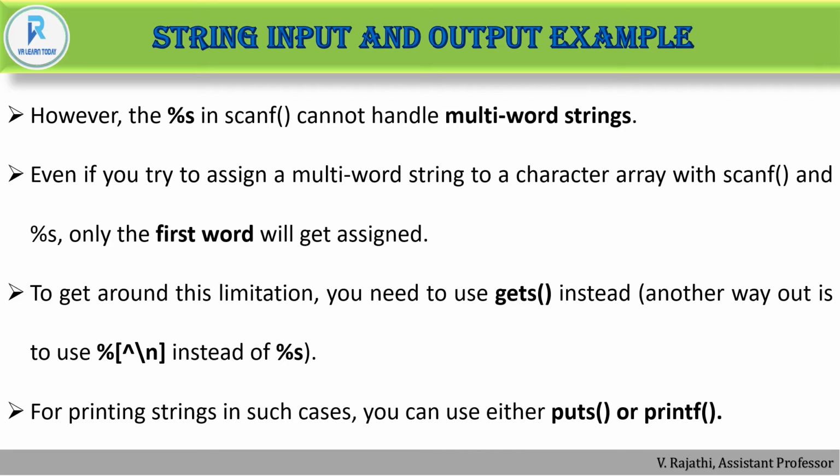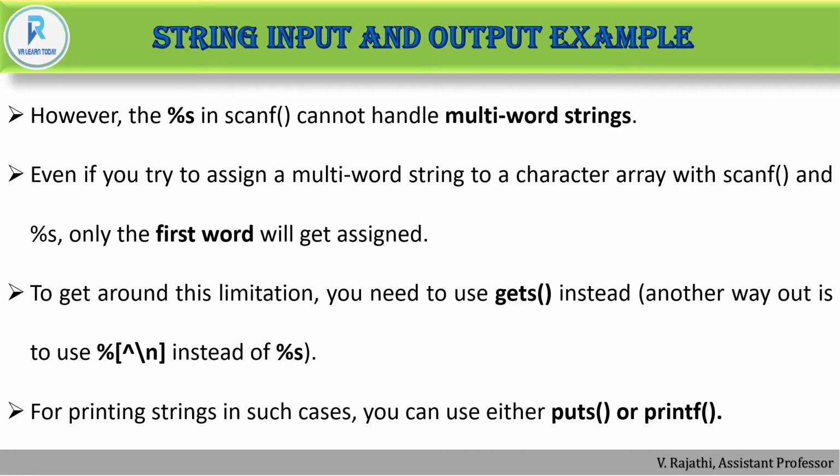However, %s in scanf cannot handle a multi-word string. Even if you try to assign a multi-word string to a character array with scanf and %s, only the first word will get assigned. To get around this limitation, you need to use gets instead of scanf.